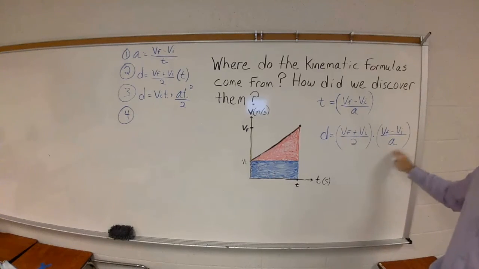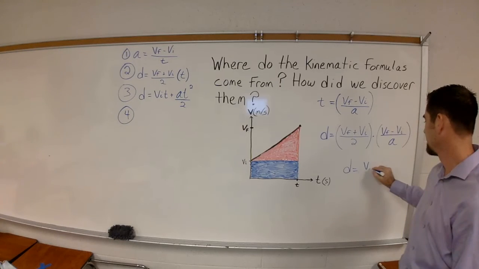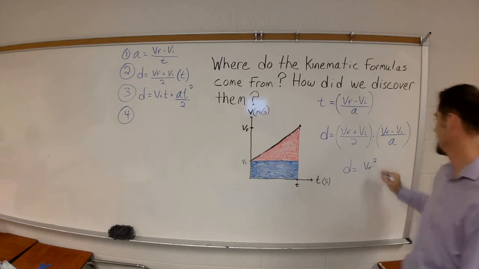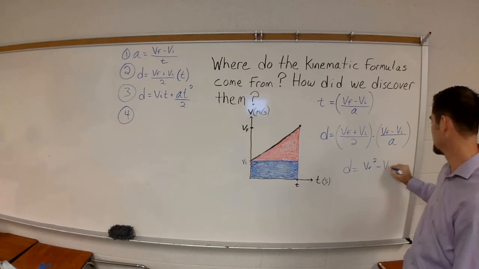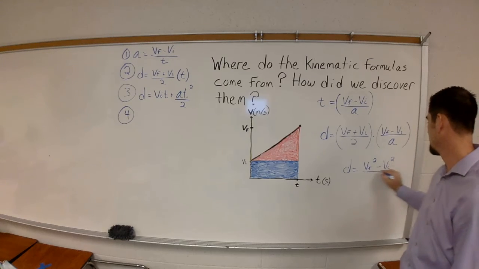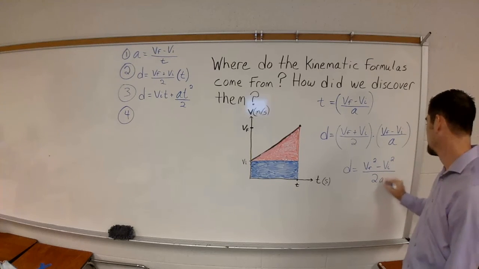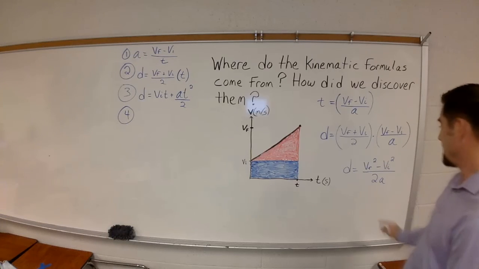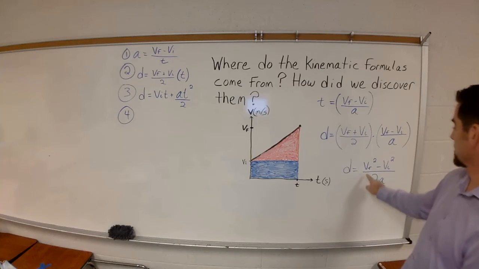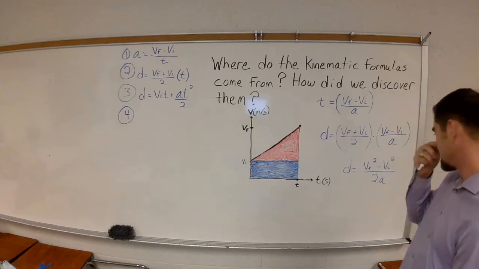Now if we multiply, we get final velocity squared minus the initial velocity squared over 2a. And now to get the fourth kinematic equation, we're going to solve for final velocity squared.